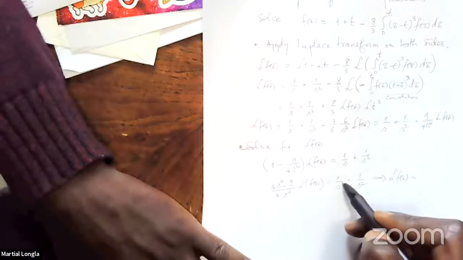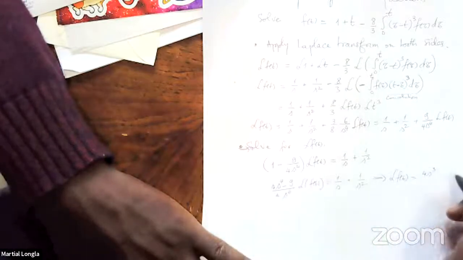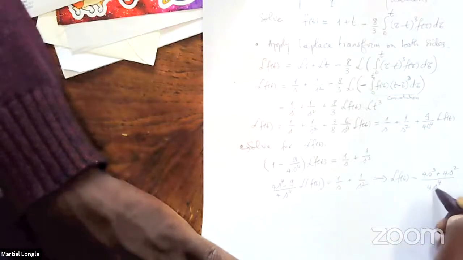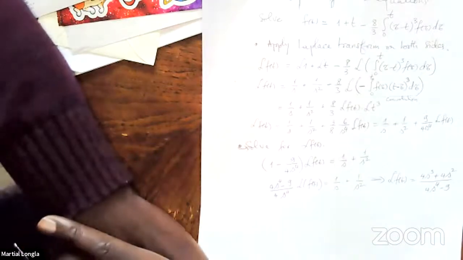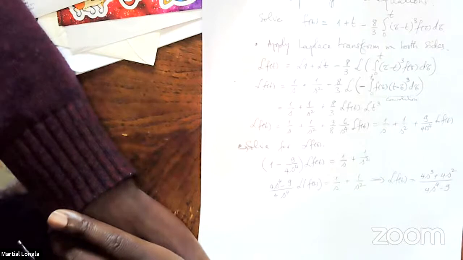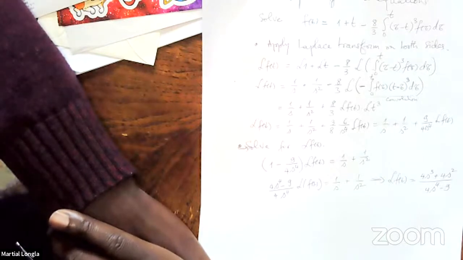I multiply by 4s to the fourth, this becomes 4s cubed, and the second one becomes 4s squared over 4s to the fourth minus 9. Are we good?